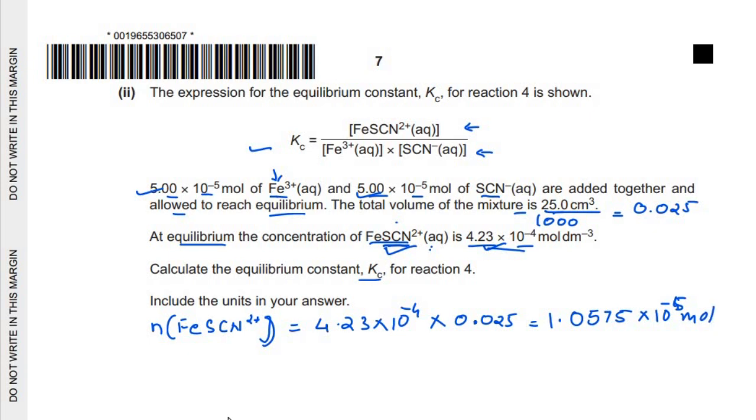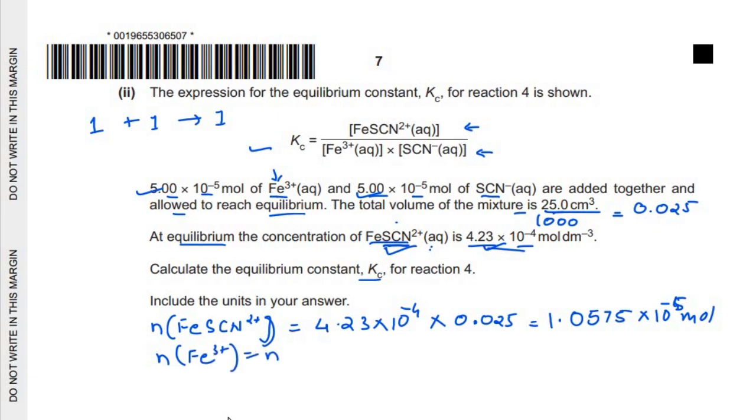Now we know that in the reaction the reactants and products are in the ratio 1:1:1, so we don't need to multiply or divide any of the values.